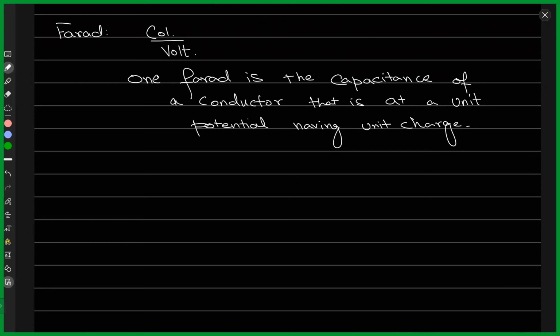Any isolated body, isolated meaning isolated from the environment and any other forces, will have a capacitance, right? It will have this property of capacitance. The only thing is that it should be a conducting body, right?